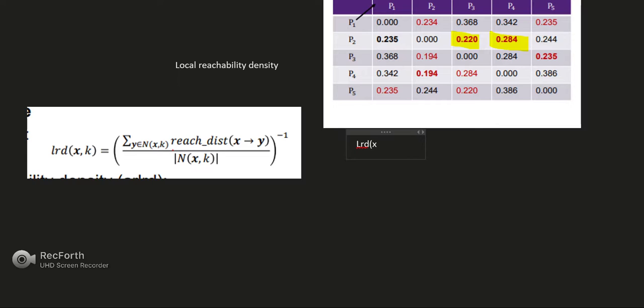So LRD of point X is equal to, and I'm just going to do it in code because I'm a data scientist and that's how I work, the sum of reachability distance of X to Y for Y in K neighborhood. That's the first row.